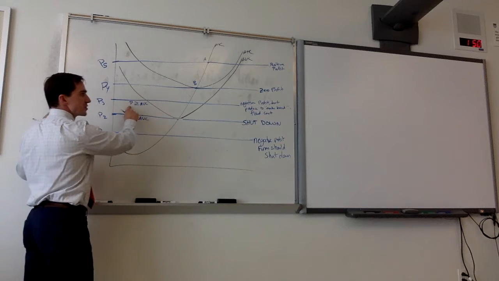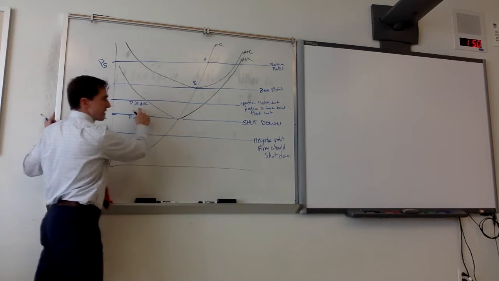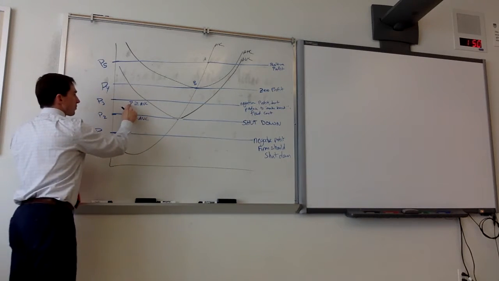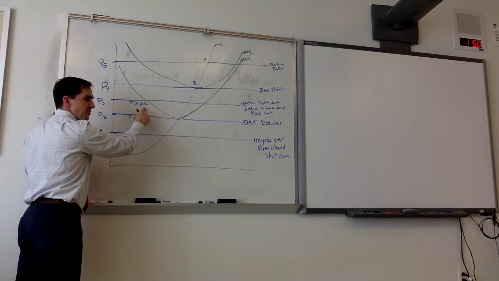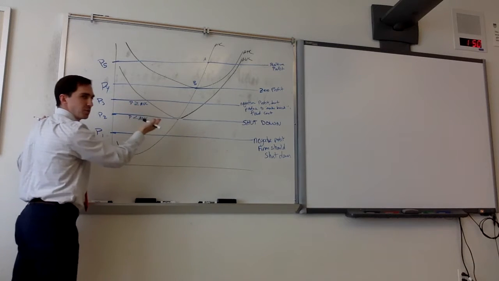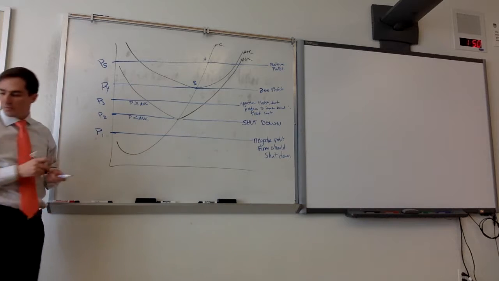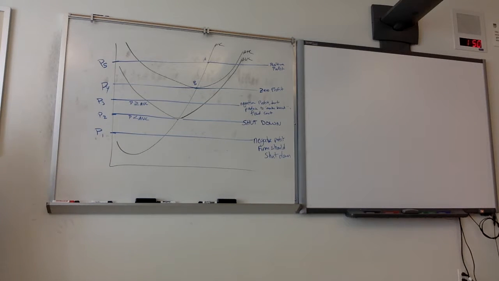You make a negative profit, but you make back some of the fixed cost whenever the price is greater than the average variable cost. We just say when it's equal because it's sort of a moot point when it is equal. You're indifferent between shutting down and producing.